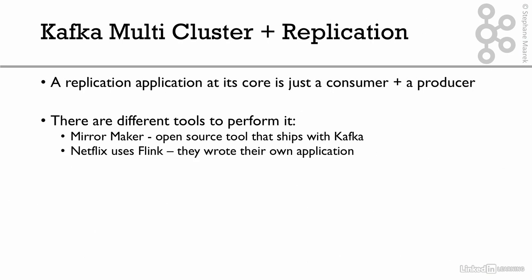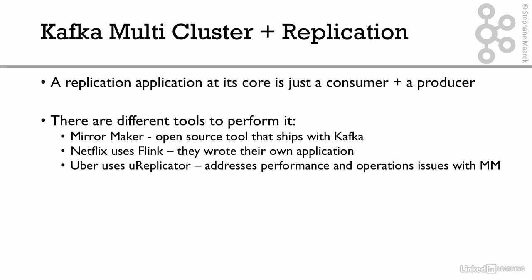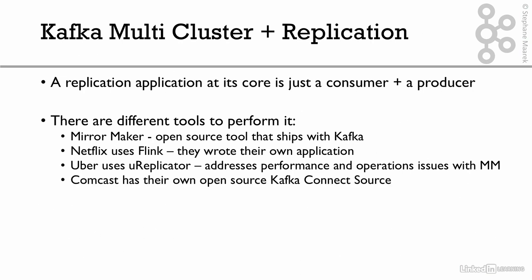Unfortunately, it's not open source, otherwise I would give you a link. Uber developed something called uReplicator, and they have a blog post about it, and they address performance and operations issues with Mirror Maker. And actually, uReplicator is open source, so if you have a global organization, this may be something that you want to look into. Comcast, they've developed their own open source Kafka Connect source connector, which I think is quite nice and does its job well.